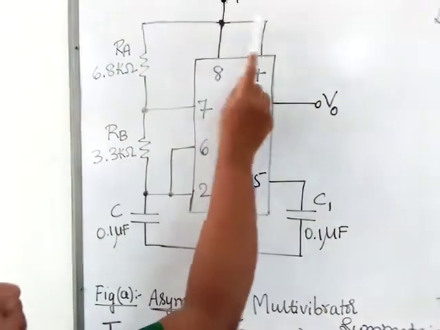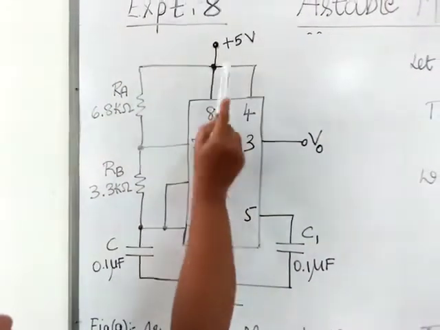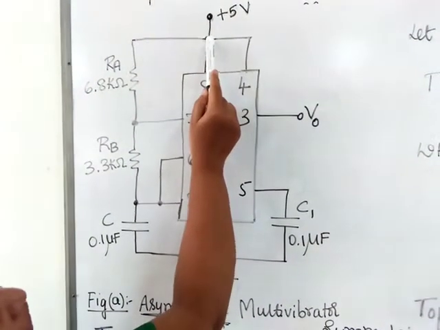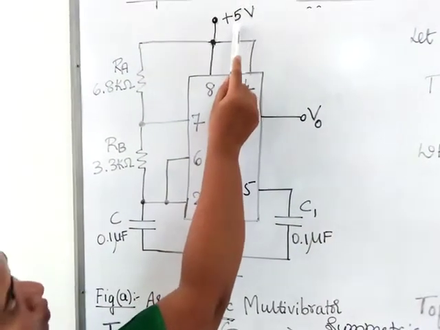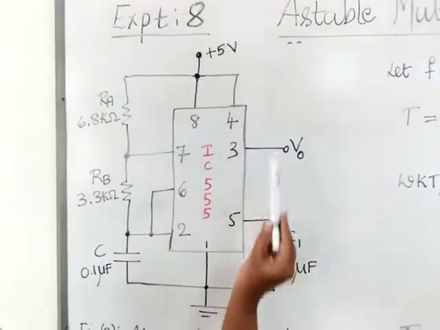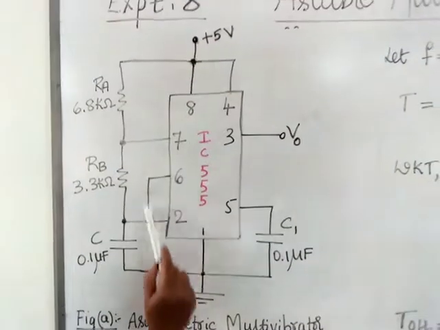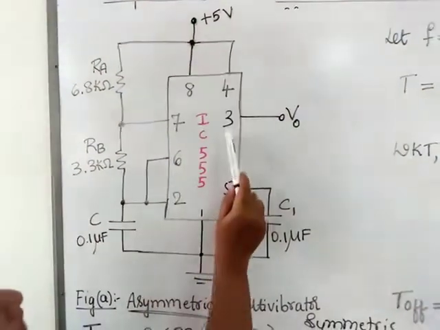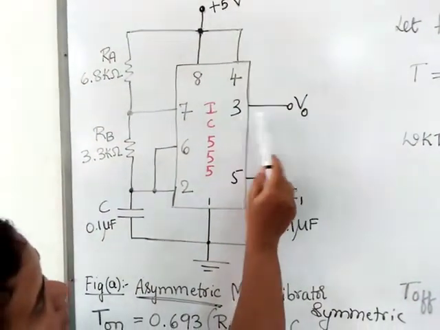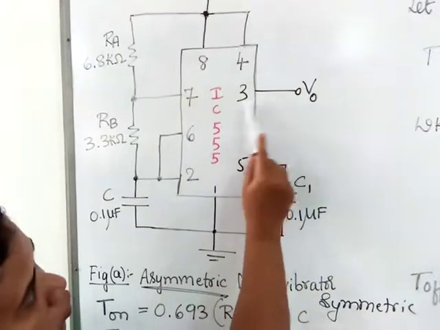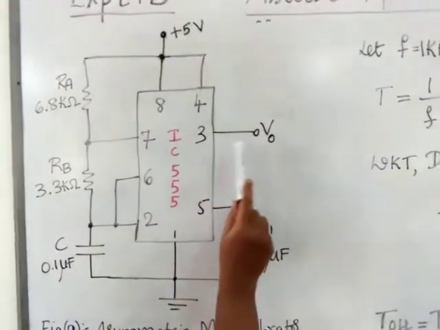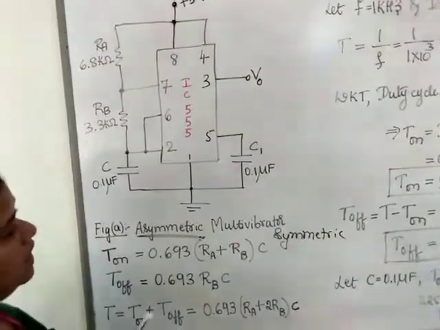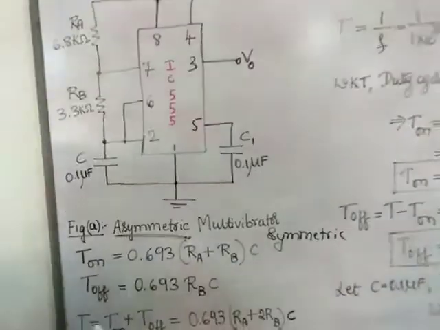Pins 8 and 4 are shorted and given to VCC, that is plus 5 volts. Pin numbers 6 and 2 must be shorted, and pin number 3 is the output. We are observing the output waveform at pin number 3. These are the connections of the asymmetric multivibrator.